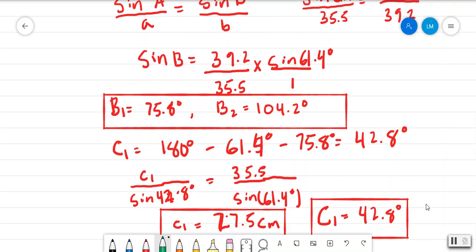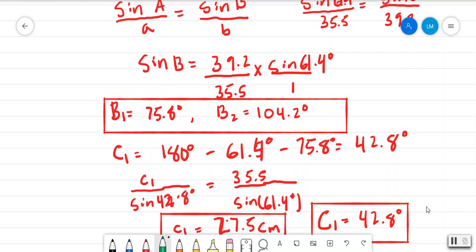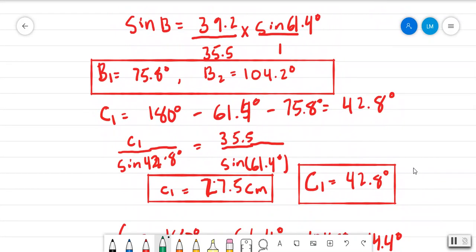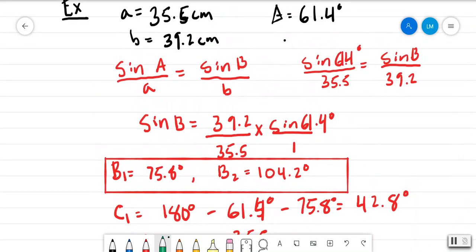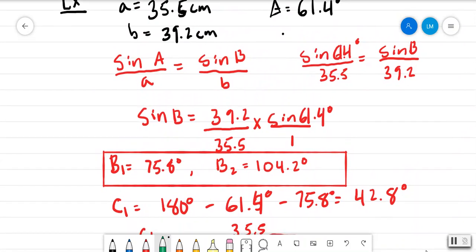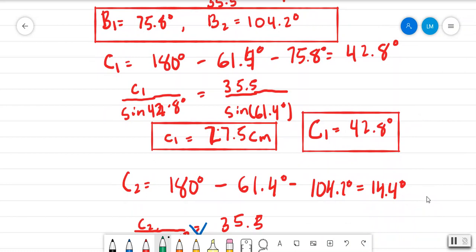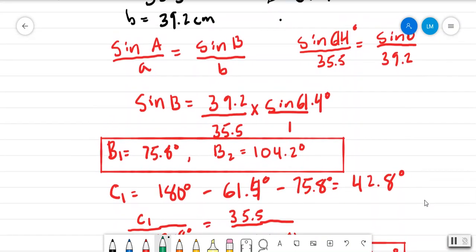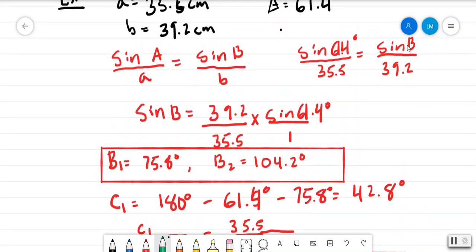Yeah, so B1 was 75.8, and then B2 was 104.2, but the missing sides, let me see. Did we have our side? Yeah, we did. It was 39.2. So, okay, I guess that's not too bad then. Did we never use the 39.2 then? Oh yeah, we used it once, and that was just for the law of sines.